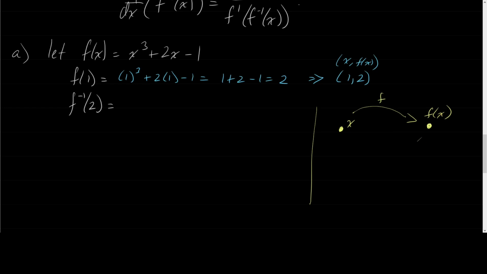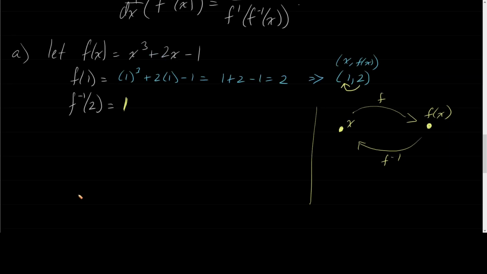And then to go the other way, we go with f inverse, right? So what does that tell me? When I plug in x here, I end up with f of x over there. But if I plug in f of x, I end up with x. When I plug in this value into the inverse, I end up with that value. So right away here, I know that f inverse of 2 is 1.